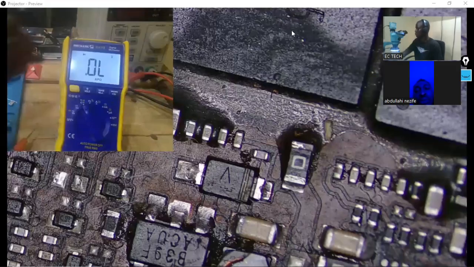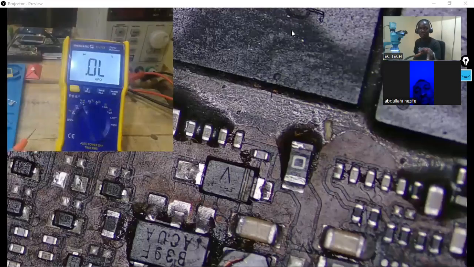So if the diode is good, the same condition that it gave us now is the one that is supposed to give us even when it's not connected on the board. But there are sometimes that it may give you some confusing reading. But in order to clear the path, you either remove it completely or try to lift one leg of the diode on the board. Okay, but now let's try to remove it.